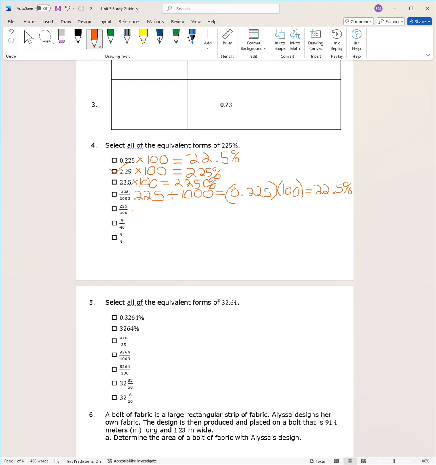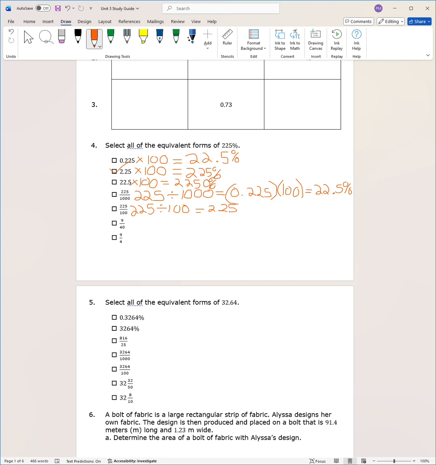Again, I want to take my fraction and just turn it into a decimal. So let's take 225. We can divide that by 100. When we divide this by 100, we're going to get the decimal 2.25.